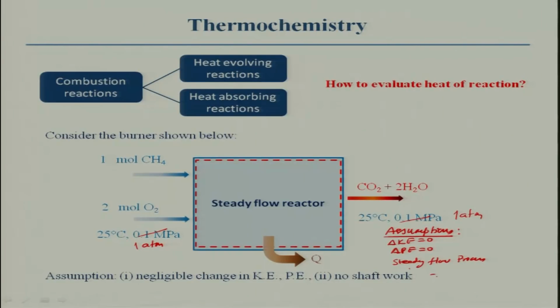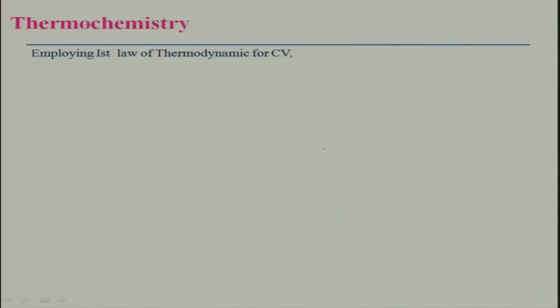So, we need to invoke the first law of thermodynamics for a control volume. This dashed line is your control volume, right. Of course, what I have shown is a control surface, but the total is the control volume, fine. So, now I will have to apply the first law of thermodynamics for a control volume.